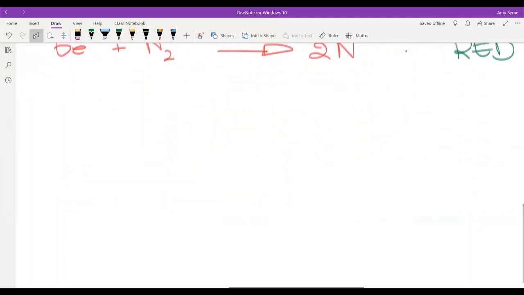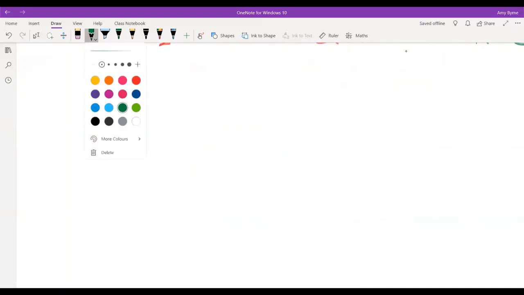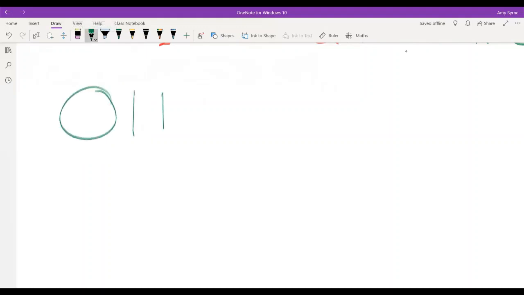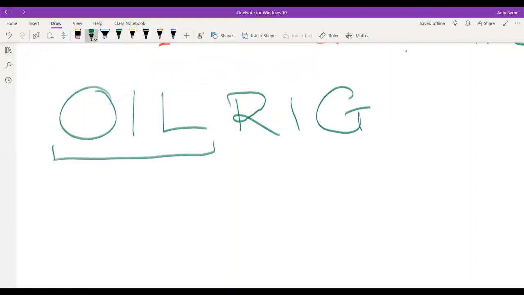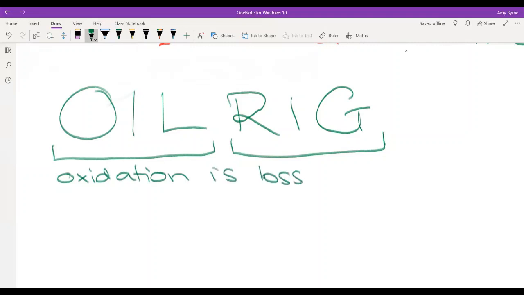One mnemonic, one memory device that is often helpful to students when we're looking at redox is OIL RIG. So oxidation is loss, reduction is gain. This works.